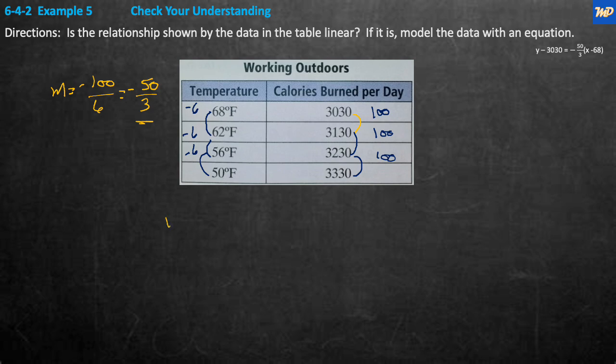Let's just pick an equation. y minus y1 equals m times x minus x1.